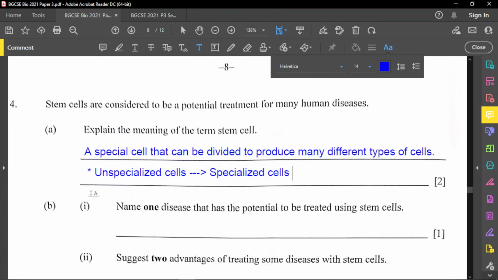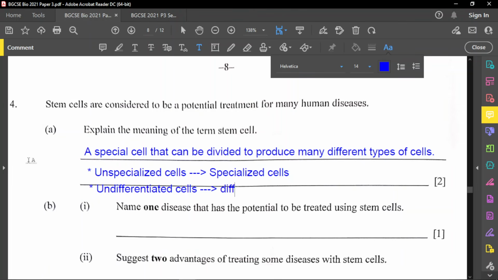Another way to define it, you can use the word undifferentiated cell. So another term you could use to define stem cell is undifferentiated cells. Okay, undifferentiated cells forming differentiated cells.